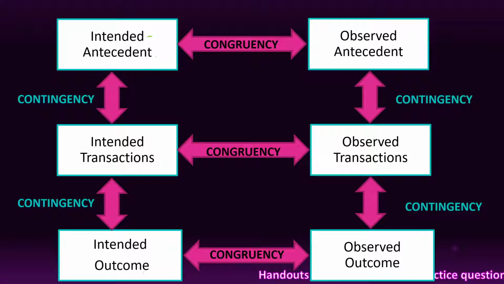So this model is called the congruency and contingency model, and it is also called the responsive model. There is congruency between intended and observed, and there is contingency between antecedents, transaction and outcome. This is all about congruency and contingency.